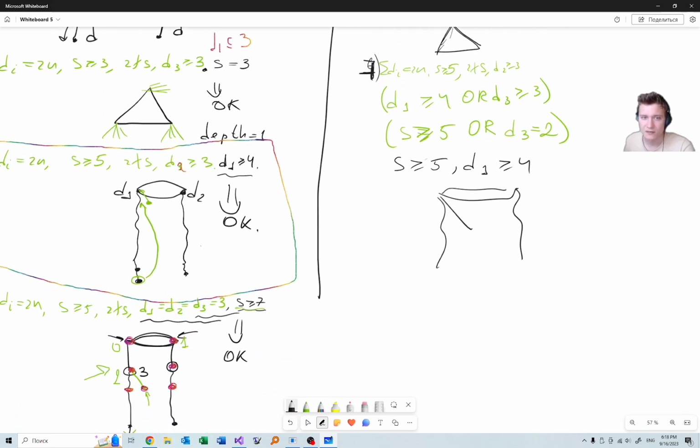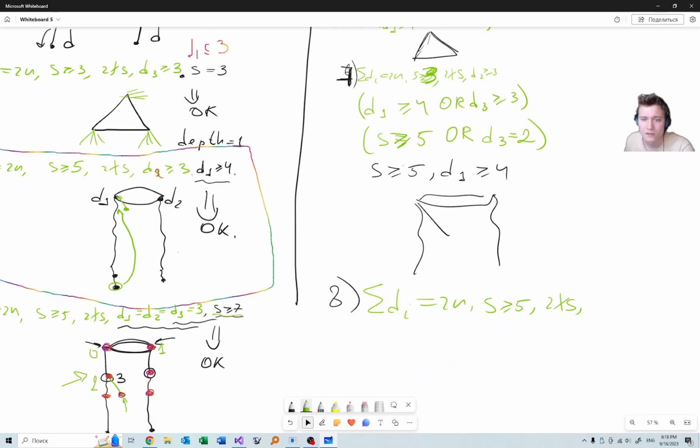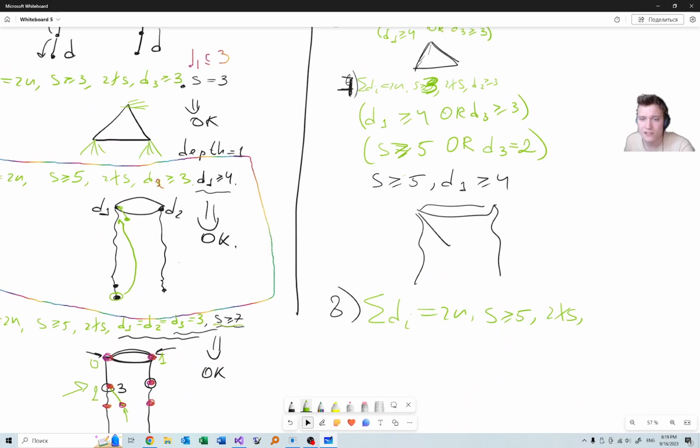So what then? In the 8th case, let's look at what I have. So sum of di is 2n, S is at least 5, 2 does not divide S. Why again S is at least 5? I don't know this. I know that S is at least 3, of course. 2 does not divide S, and d2 is at least 3.